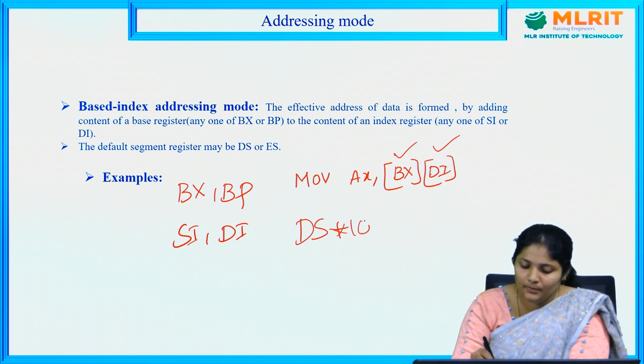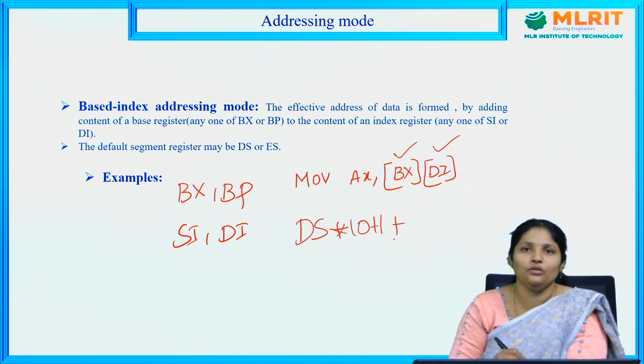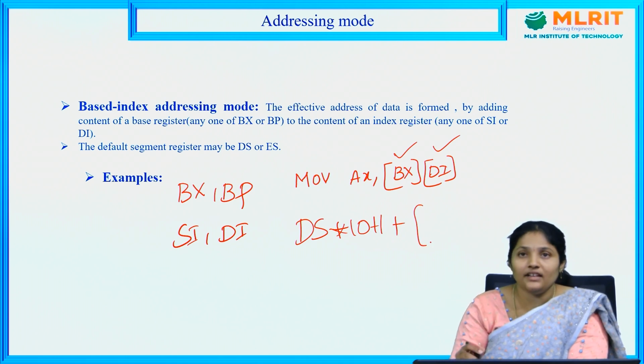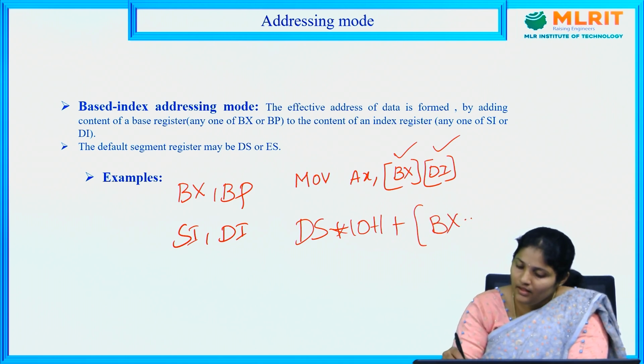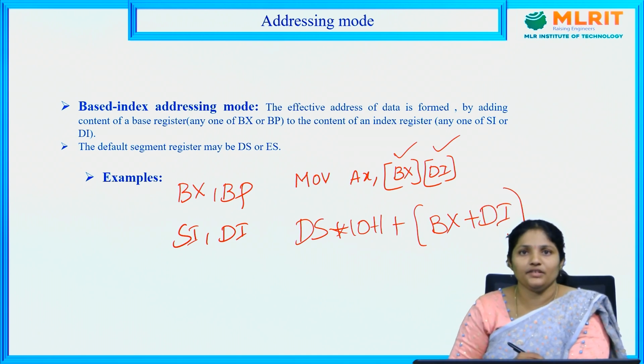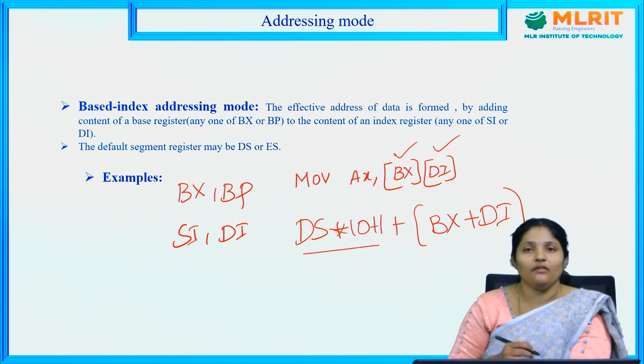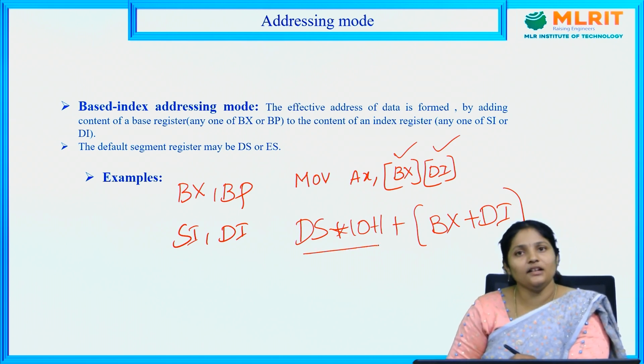The offset value is calculated by taking the addresses present in BX and DI. We need to add these two addresses to get the offset value, and the segment value is given by the DS register, the data segment register.